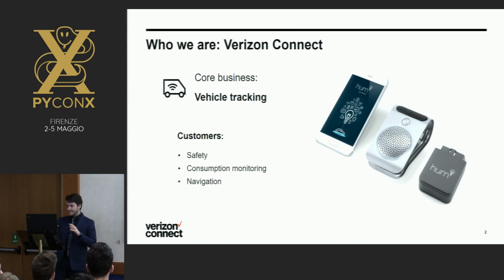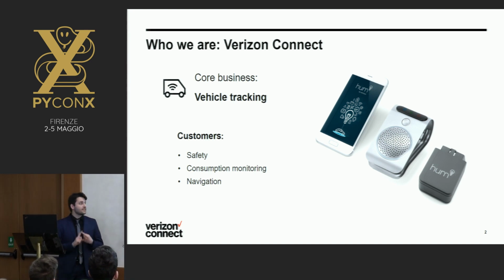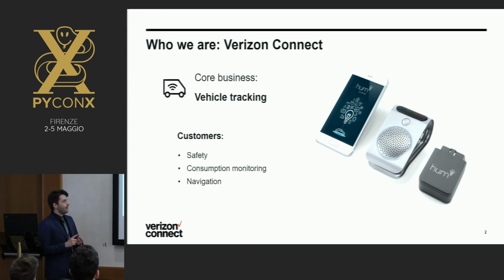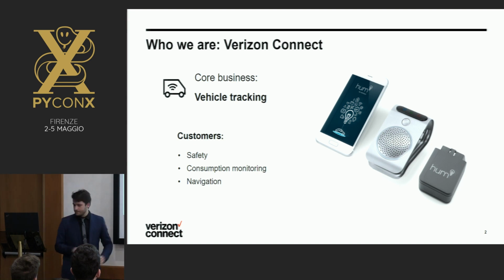Our core business is actually divided into two main branches. The customers one, where we help our single customers deal with safety, consumption monitoring, navigation, and so on. An example of one of the products that we developed for the customer business branch is HUM.